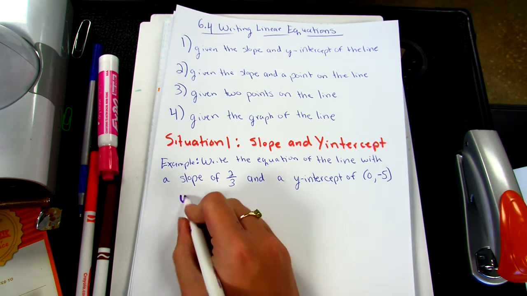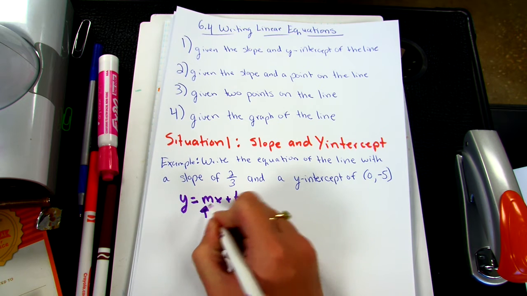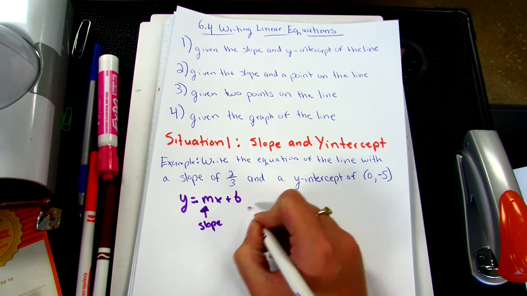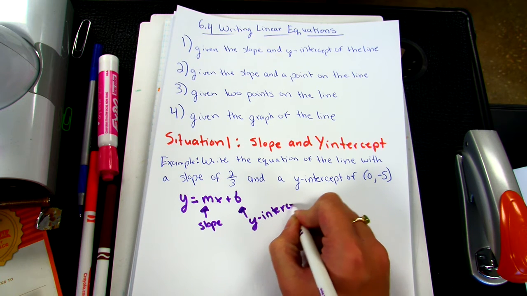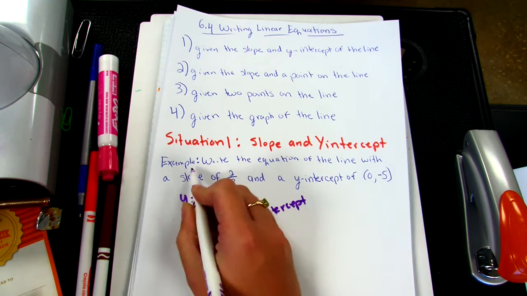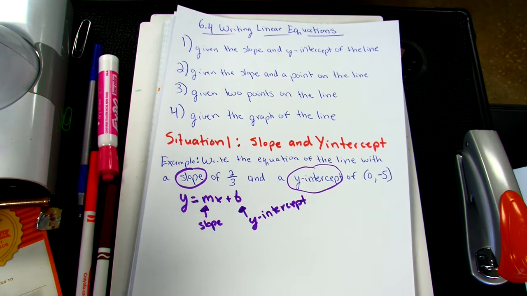We know that we have y equals mx plus b, where m is your slope and b is your y-intercept, okay? Which is what exactly they gave us. They gave us slope and they gave us y-intercept. So all we have to do is substitute the given values into the slope-intercept form of the equation.